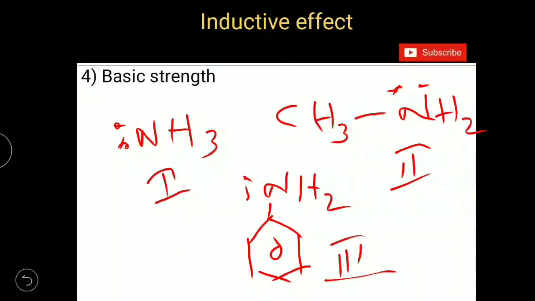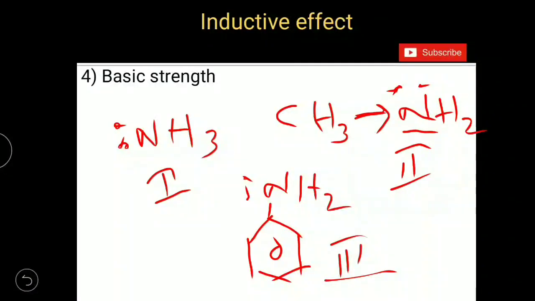When you compare this methylamine with ammonia, it has a methyl group, which is an electron donating group, bonded to nitrogen. So the methyl group donates electron pair towards nitrogen. So nitrogen is becoming electron rich, and electron rich atoms can donate the electron pairs.